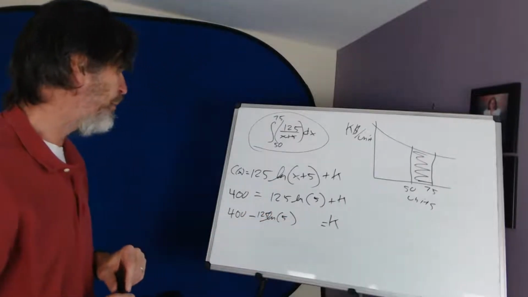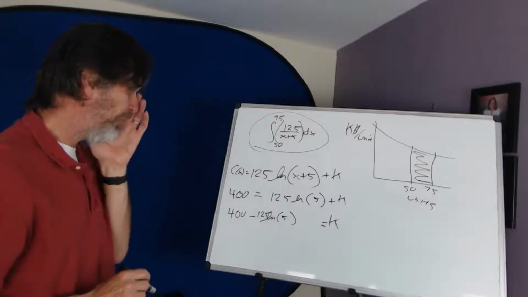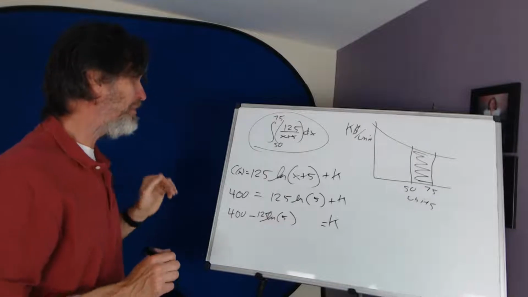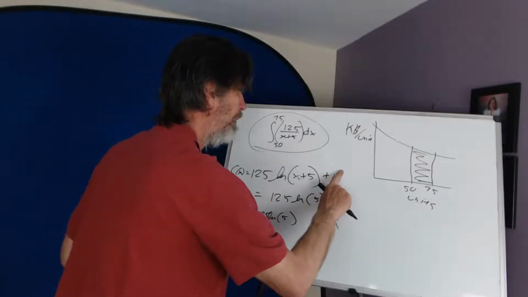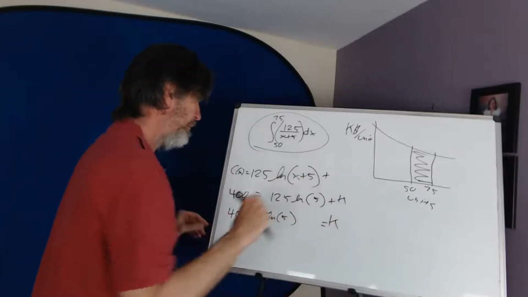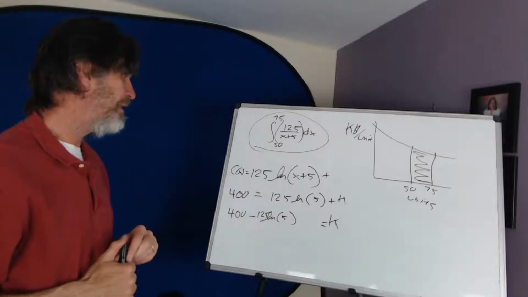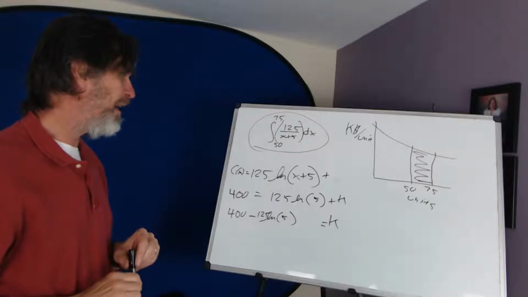So what does that number k turn out to be? Natural log of 5 is around 2. It's got to be a positive number still, I think. So if someone would be so kind, 400 minus 125 natural log of 5.